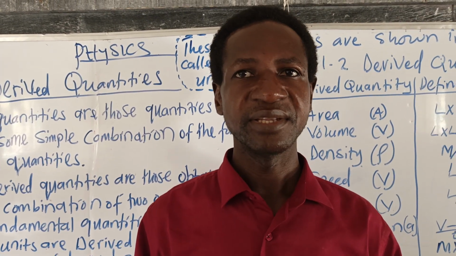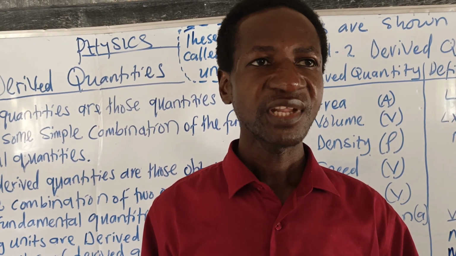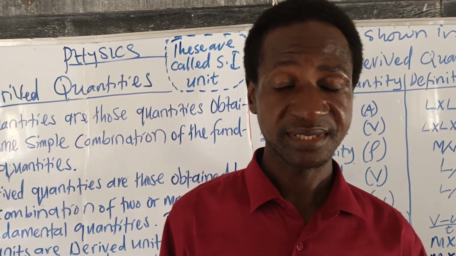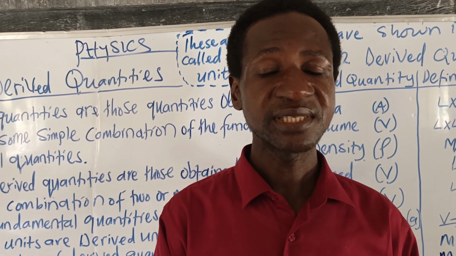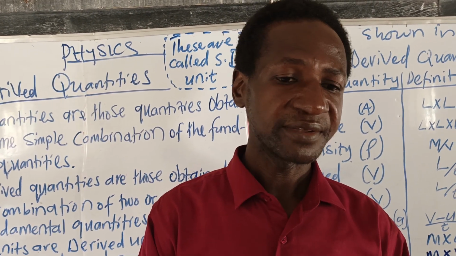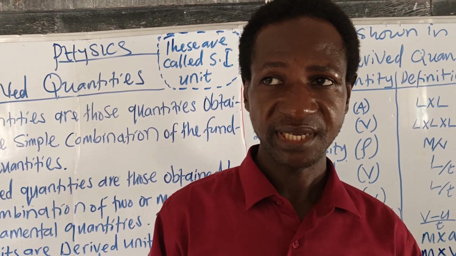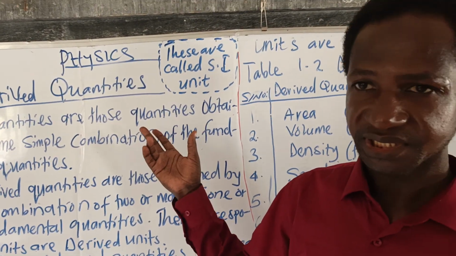The quantities are length, mass, time, electric current, temperature, and the amount of substance. So those are the fundamental quantities, while their units are called the fundamental units. So today it is the derived quantities.